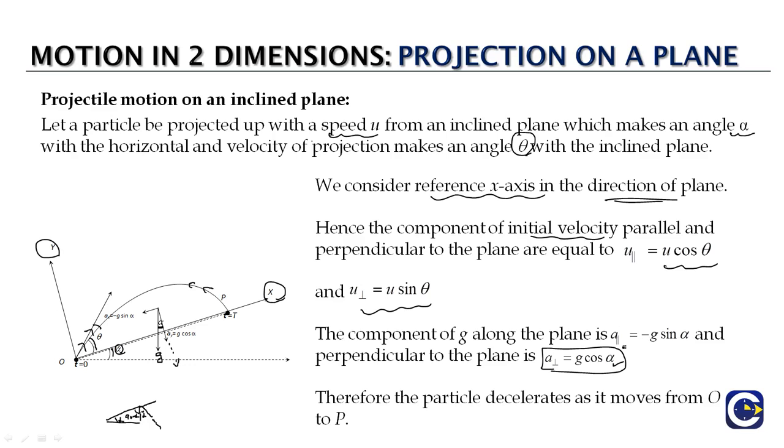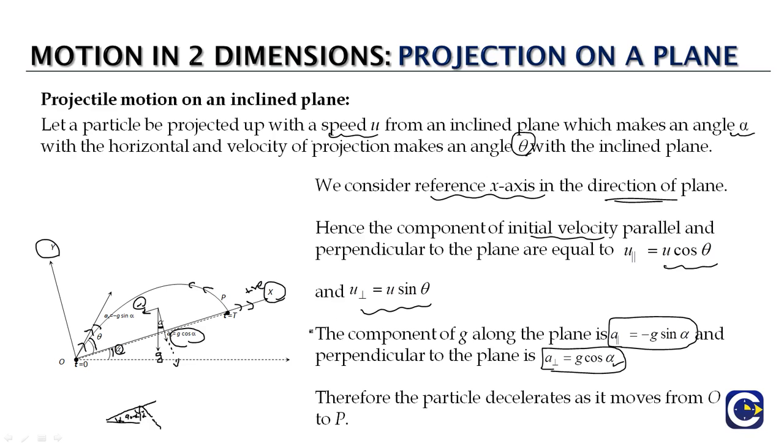The parallel component of this acceleration, if one component is g cos alpha, the component along the plane will be g sin alpha. But since we are taking along the plane this way to be positive, the opposite direction will be negative. So as per our sign convention, we will take it as minus g sin alpha.